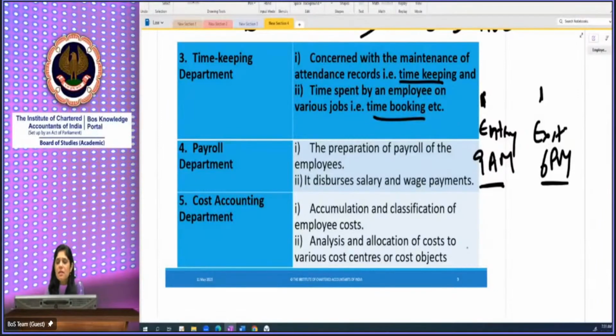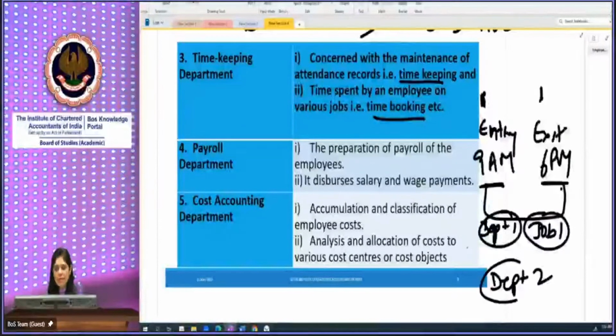Time booking means what the worker or employee has done from 9 a.m. to 6 p.m. He has gone to department 1, then he has done work on job 1, then he has gone to department 2. Whatever he has done during the day on the job is the job of the time booking department. How much time he has spent in department 1, in job 1, in department 2.